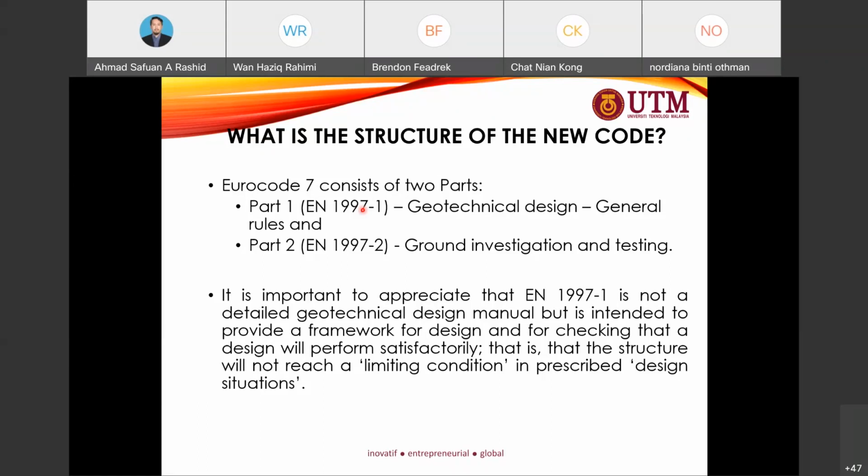I guess it is the same approach as the British Standard, because the idea is to make sure that the structure is in safe conditions.